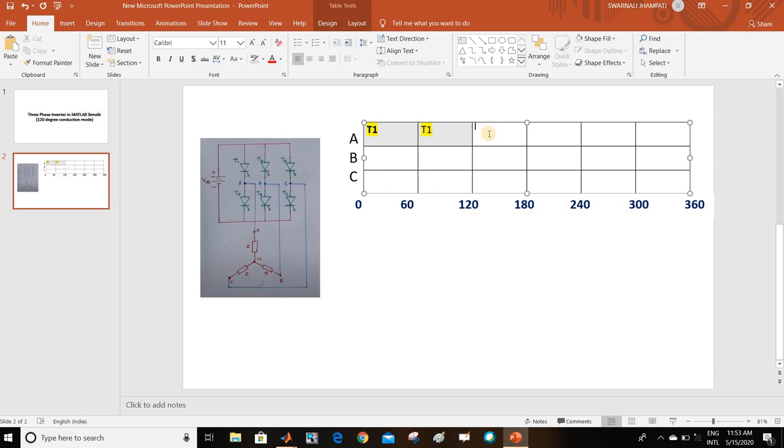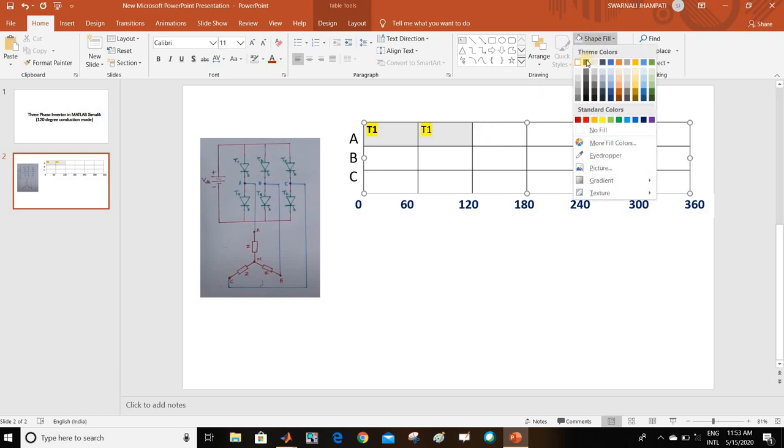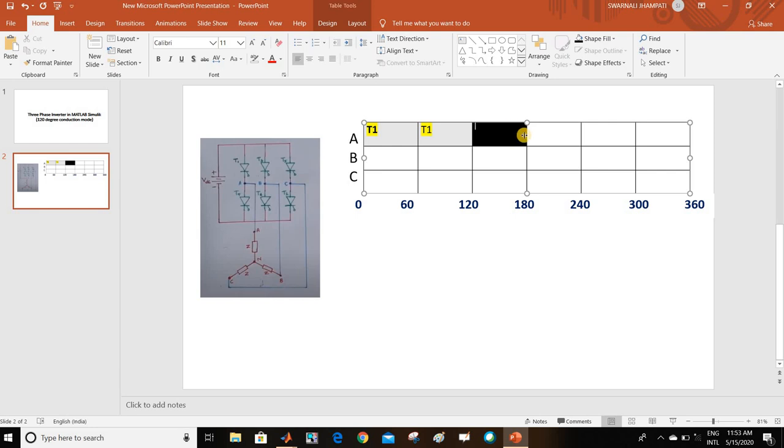Then we have a 60 degree gap where there is no activity of the switches. After this, for the next 120 degrees, T4 will conduct for phase A. Next again there is no activity for the next 60 degrees.